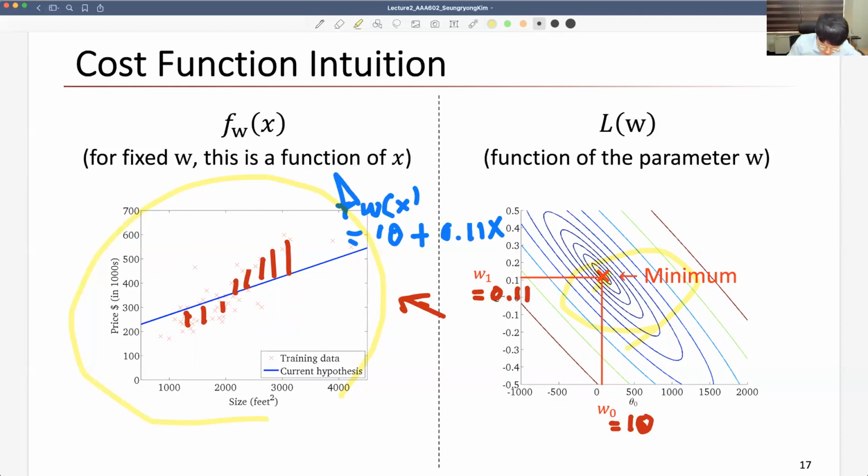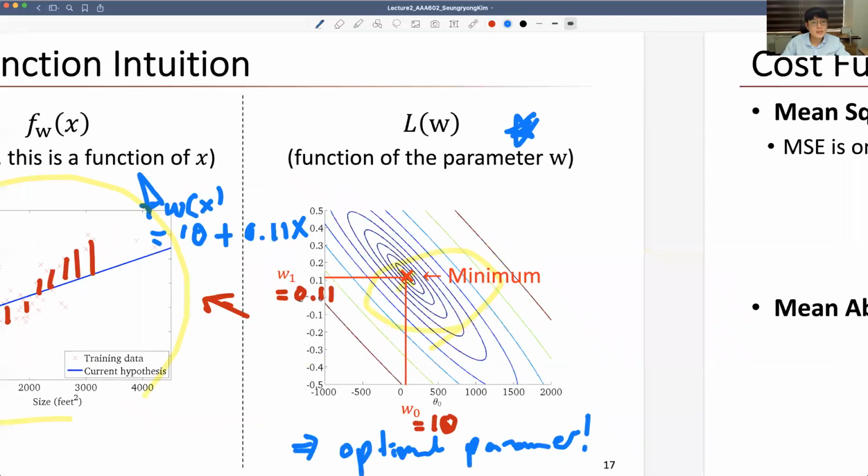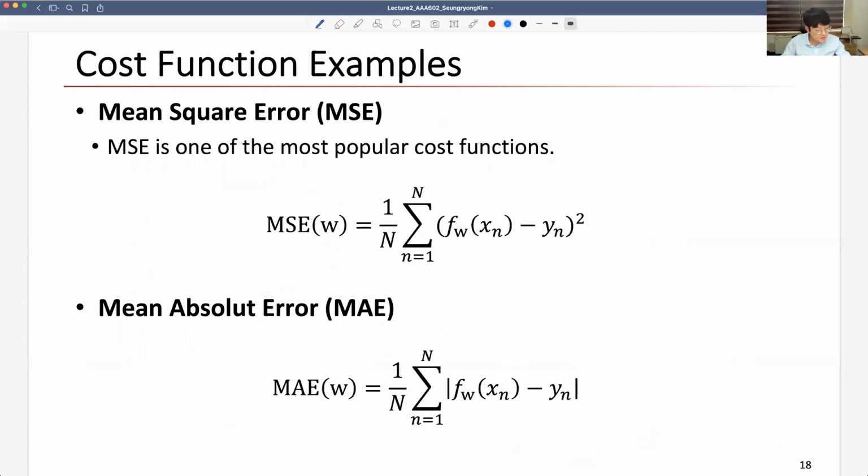Then we can say that this is the optimal parameter. This optimal parameter makes our loss function minimum. So this is our goal, right? This is the general procedure of the optimization.